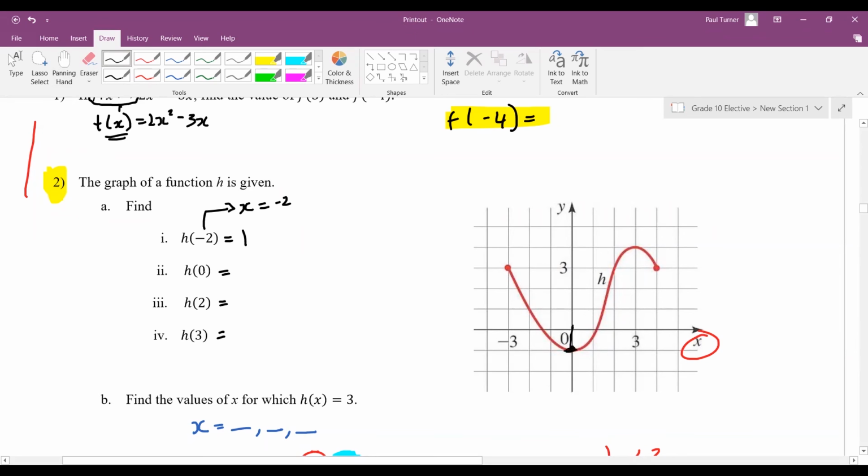So when x is 0, remember this is h(x), you'll get -1. This point is -2 down here. So this is going to be -1. Okay, for that one? Okay with that? Because you'll need to do it on the worksheet. They're very similar. The worksheet's quite similar to this.